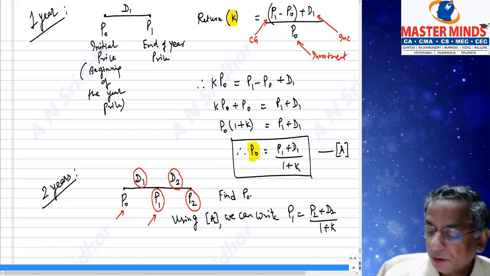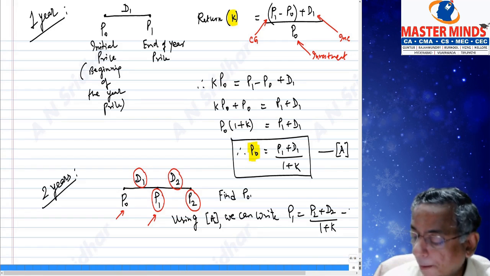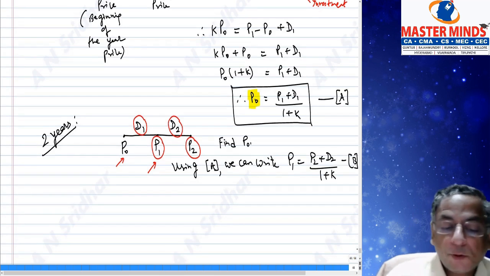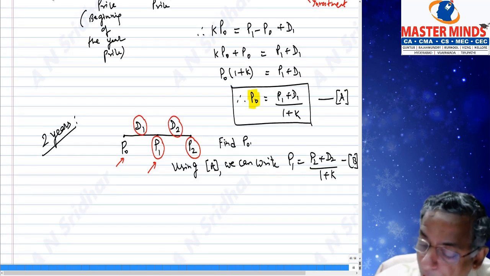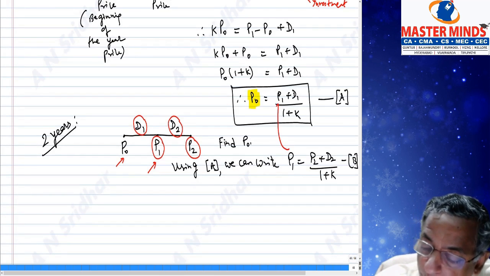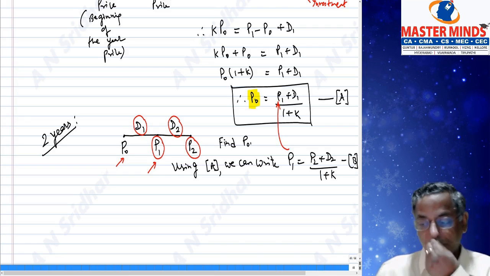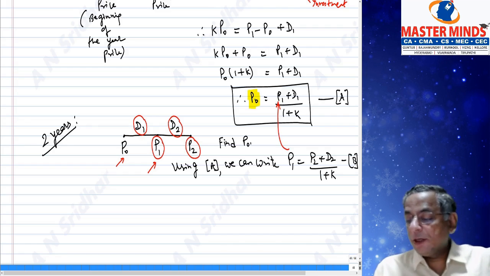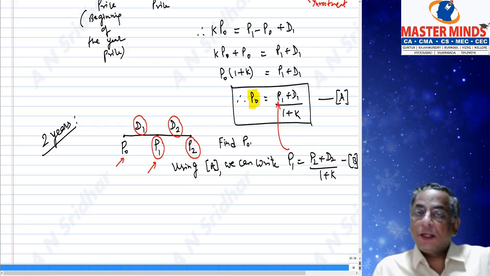Now I call this B, and I am going to substitute this here. If I substitute this here, then let us see what we get.